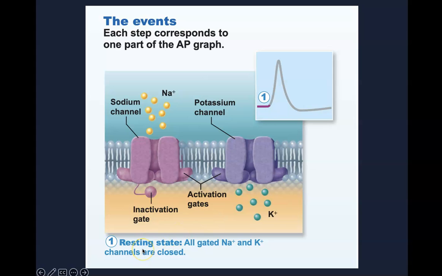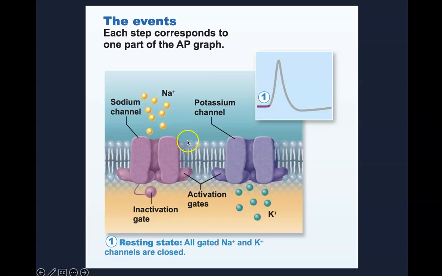And I got ahead of myself because they start here with the resting state. So again, prior to hitting that threshold at that trigger zone, okay? So let's say, again, we had all those graded potentials that are happening, but we haven't hit that threshold in that trigger zone. Prior to that, in the axon, all of the channels in there are going to be in the resting state, which means all of your gated sodium channels and your gated potassium channels are closed.